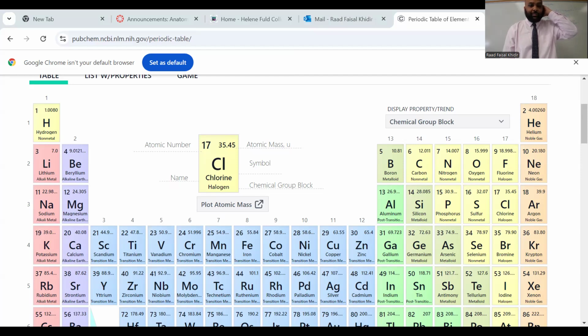Then for covalent bonds, we have single covalent bonds, where nuclei share one pair of electrons. A double covalent bond is where nuclei share 2 pairs of electrons. If electrons are shared equally, it's a nonpolar covalent bond, like carbon atoms bonding together.